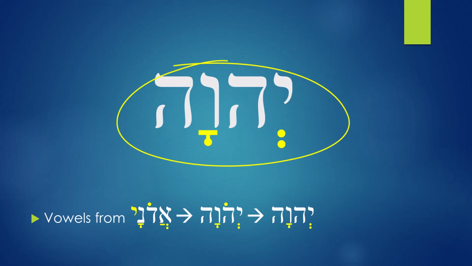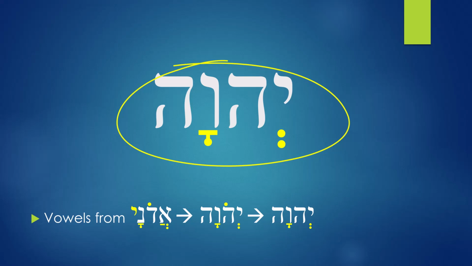You just have to know it: when you're looking at this word, it's not to be pronounced as Yewa, but as Yahweh, not Yehovah but Yahweh. This is an exception in biblical Hebrew.